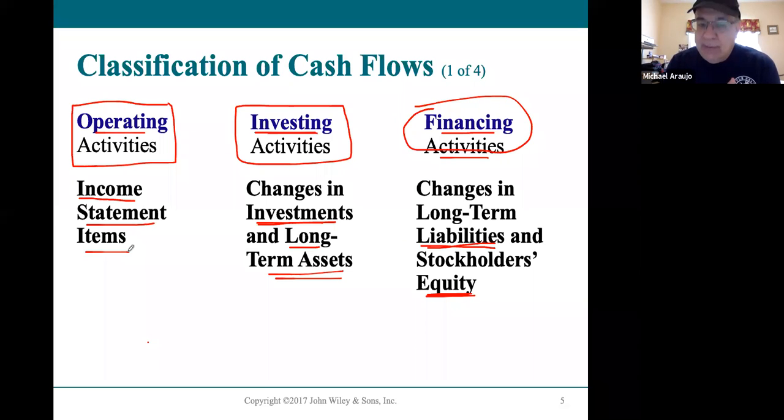It's not exclusive to that, but it tends to be associated with that. What other things happen when the business is open? They're buying inventory, they're doing other types of things as well. But for the most part, income statement items, revenue and expense items tend to get done only when the business is operating.